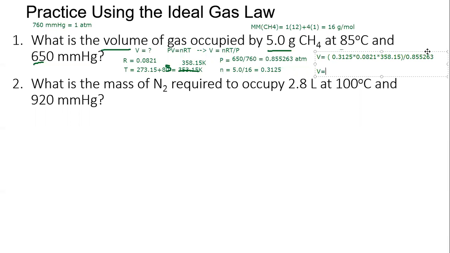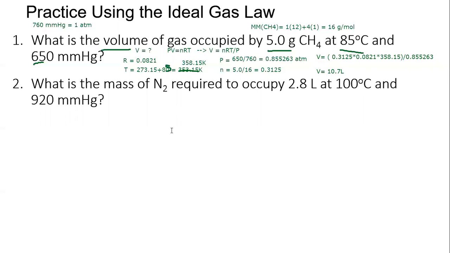I get 10.7 liters. Let me double check. So again, the way you know when to use the ideal gas law, it gives you 3 of the properties of a gas and asks you to calculate the 4th property.